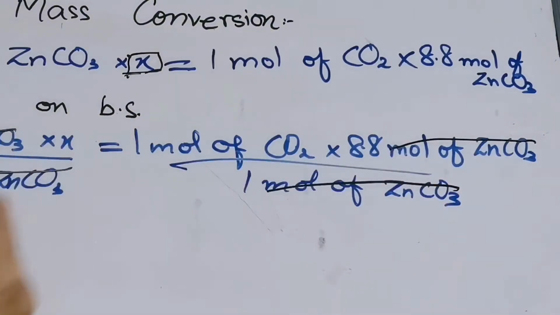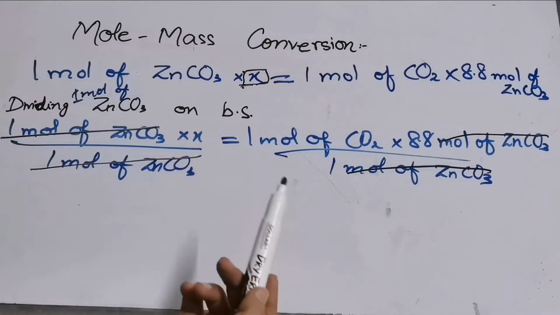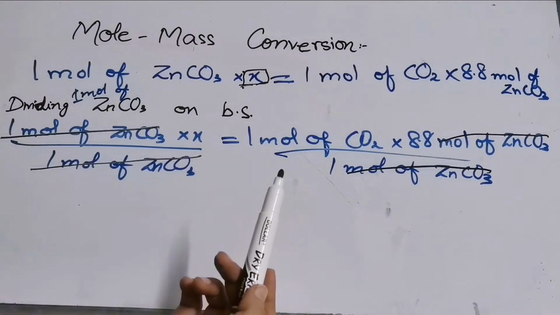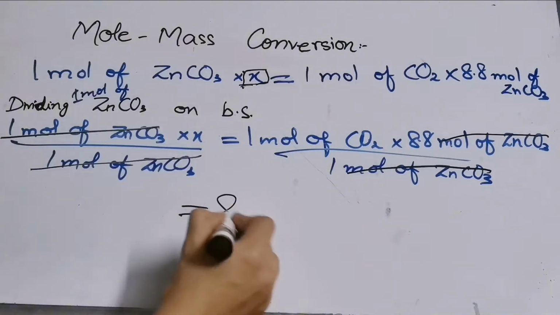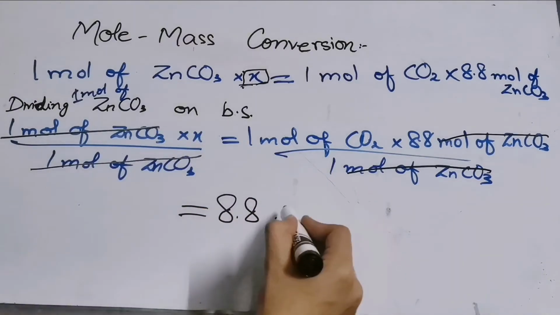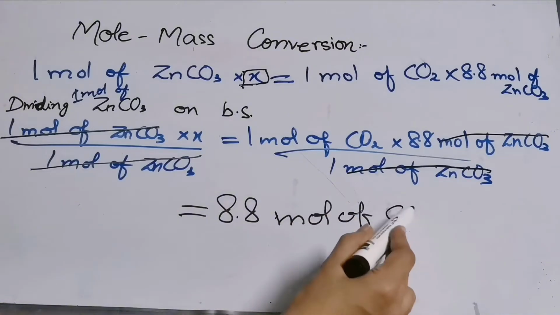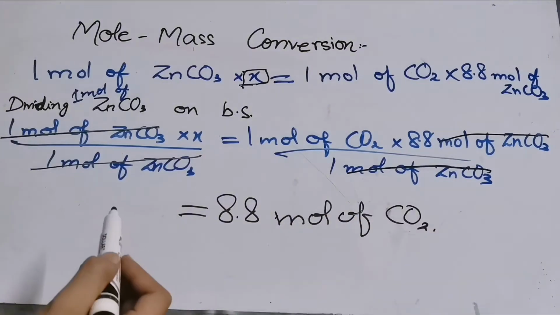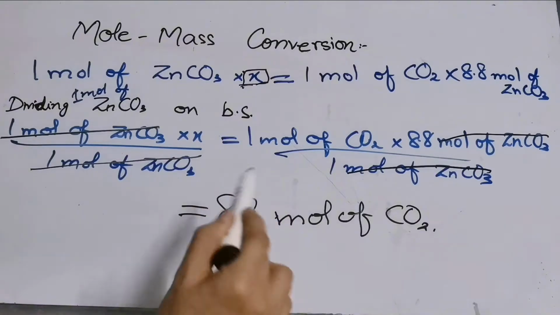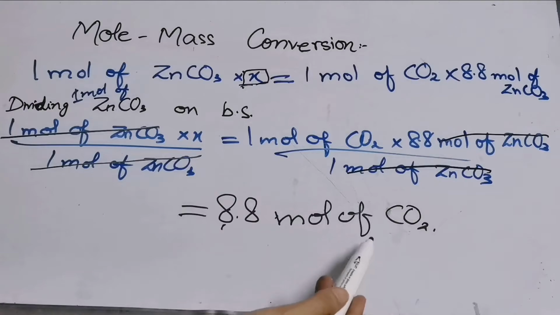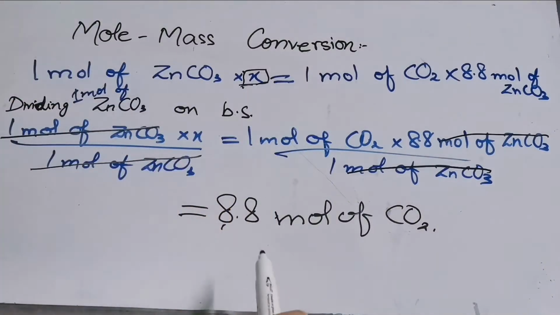When we calculate 1 multiplied by 8.8 divided by 1, we get 8.8 mole of carbon dioxide. Now in the question they asked how many grams of carbon dioxide will be produced from 8.8 moles of zinc carbonate.